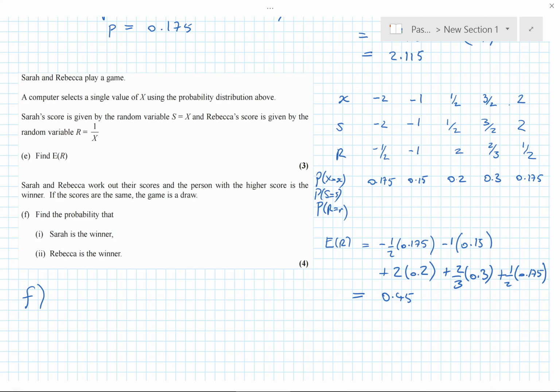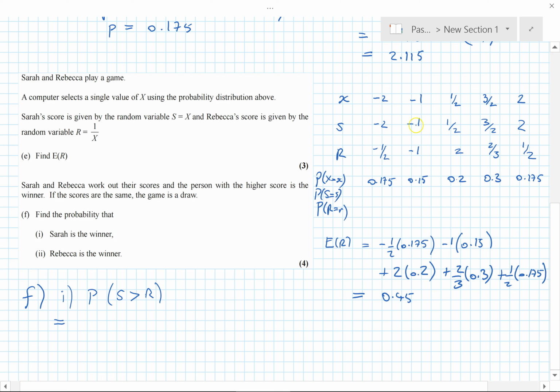So really, if -2 is drawn, then S scores -2 and R scores -0.5. And in this case, we can say that R is greater than S. So anyway, Sarah wins if S is greater than R. And that doesn't happen here, because in this case, R is greater than S. -0.5 is greater than -2.